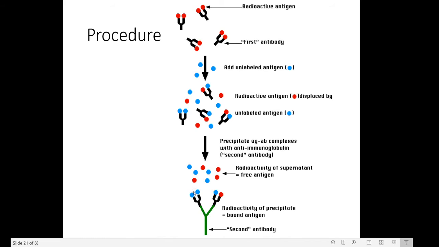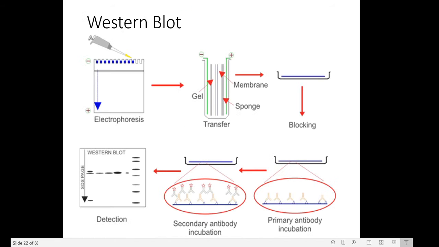This replacement reduces the color intensity of the radioactive antigen. So after the secondary antibody addition, there was some small amount of change due to the replacement in the primary antibody, expressed as a color intensity variation.